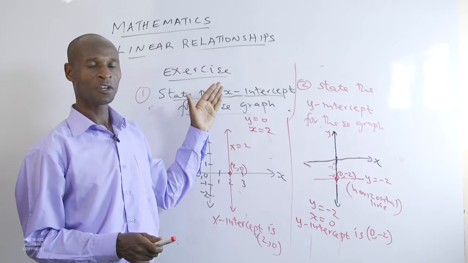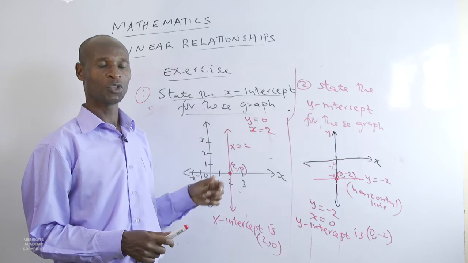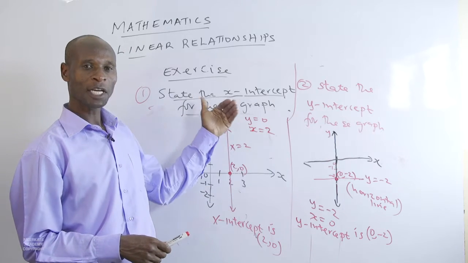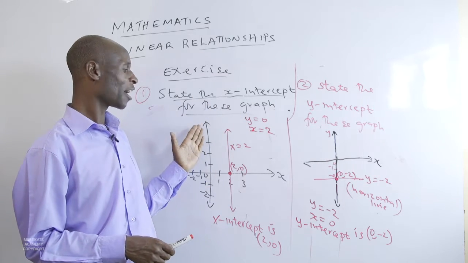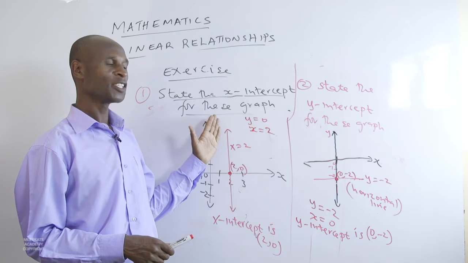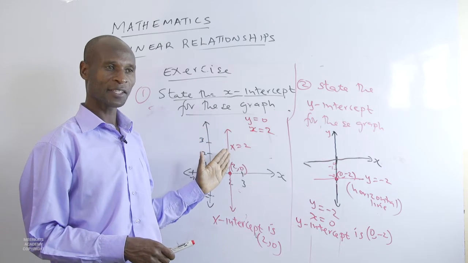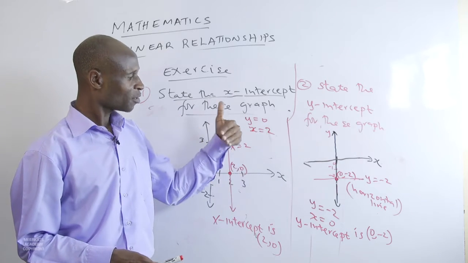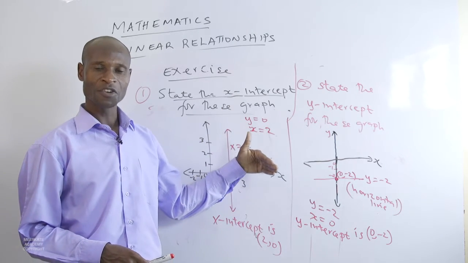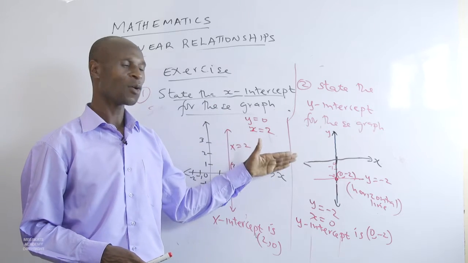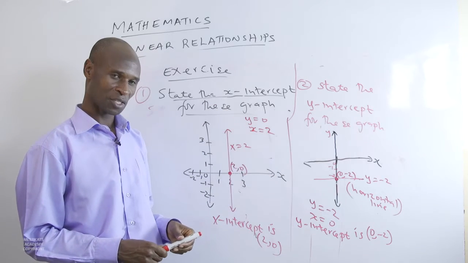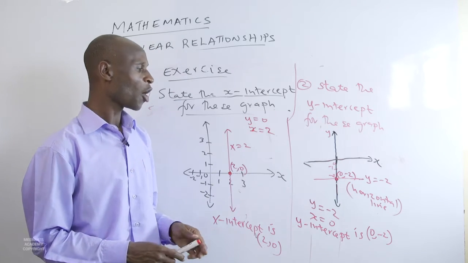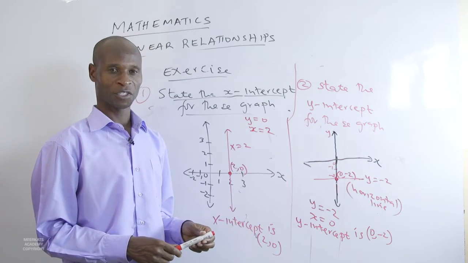A case where you have only been given the y-intercept. How do you plot that graph? And finally, we have looked at a case whereby the graph has been drawn and it is only cutting the x-axis at only one point. And in the second case, the graph has been drawn and it's only cutting the y-axis at only one point. And you have been given the equation of that graph. How do you get the point?